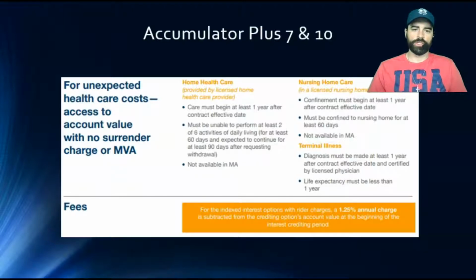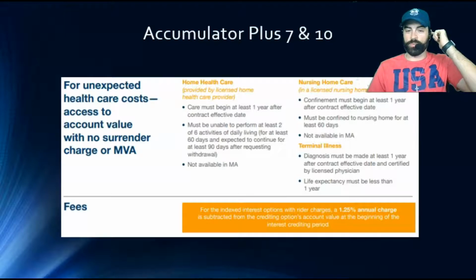There are some riders that cover unexpected healthcare costs. You've got the home healthcare rider, the nursing home care rider, and the terminal illness. The home healthcare has to be provided by a licensed home healthcare provider. Care must begin at least 1 year after the effective date of the annuity, and you'll notice that with all three of these.